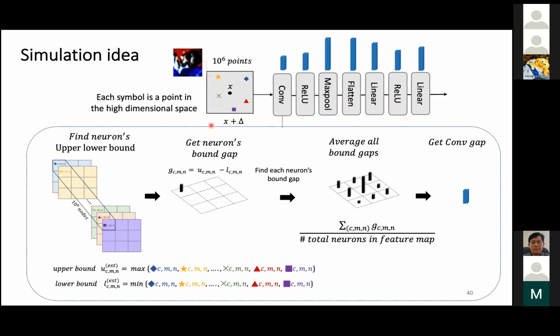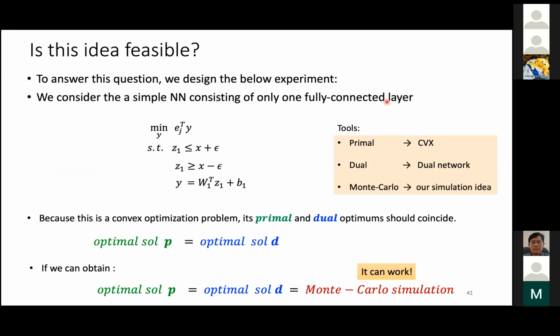We still initialize this input and simulate it by Monte Carlo simulation. But this time, we will not feed this polytope into the whole network. Instead, we feed it to the one linear layer operation, because this network just contains one fully connected layer. So here you will see the constraint like this.